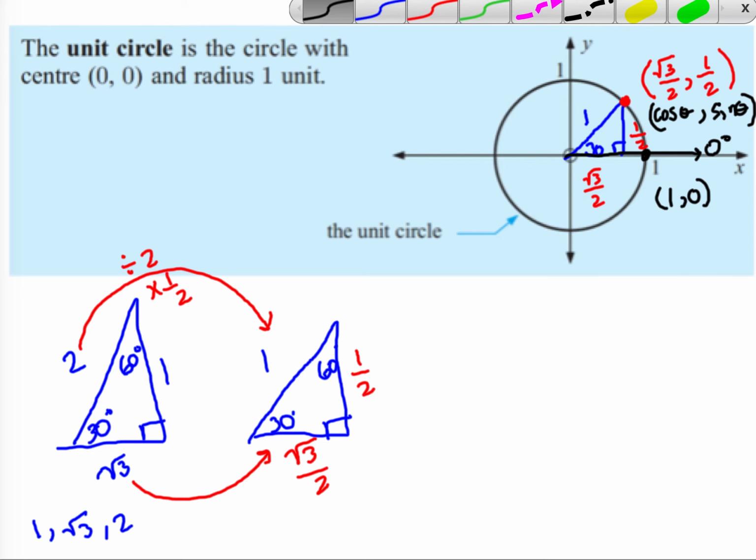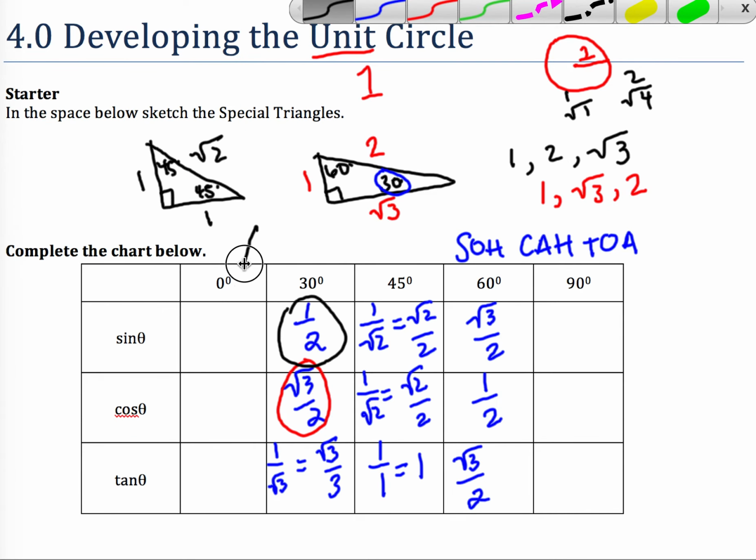So I'll go back here. At 0 degrees, remember our unit circle, this coordinate point here is 1, 0. So this would be cosine, sine. So cosine is 1 and sine is 0.